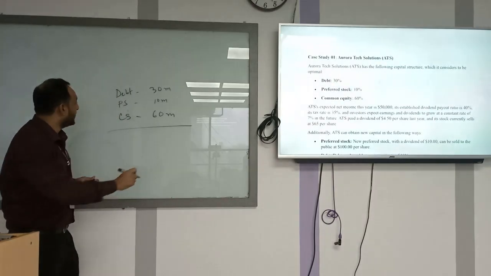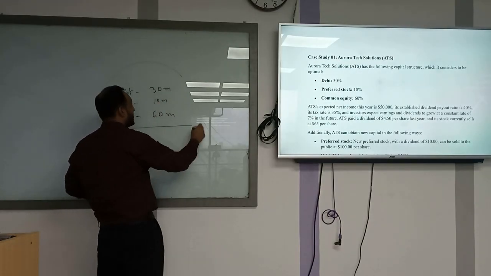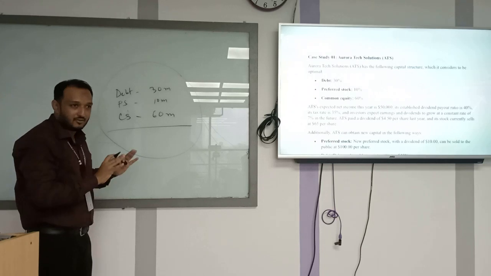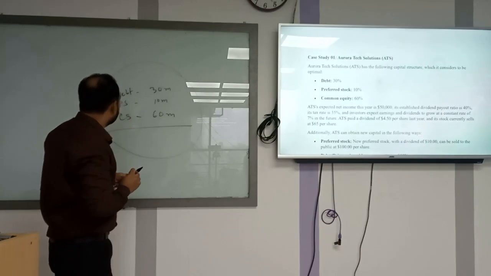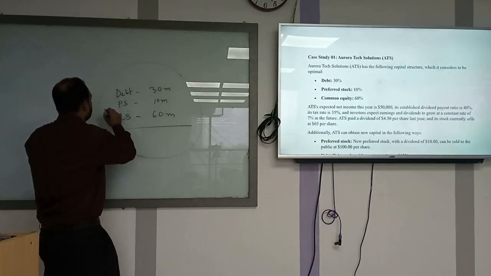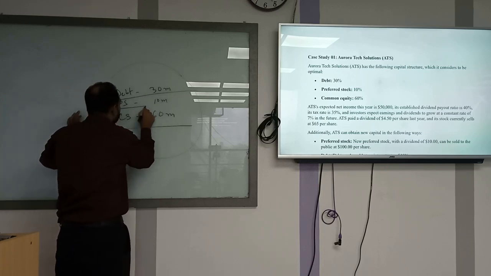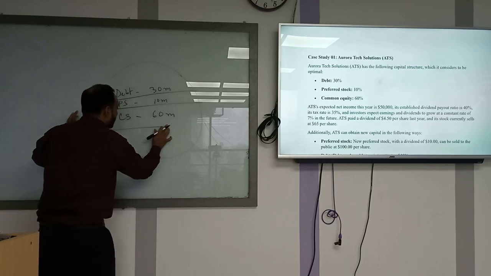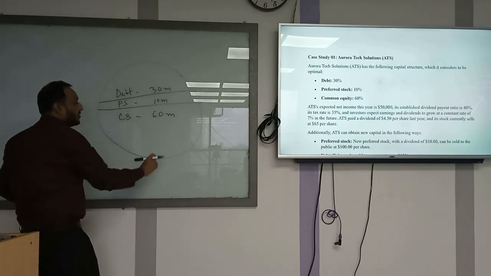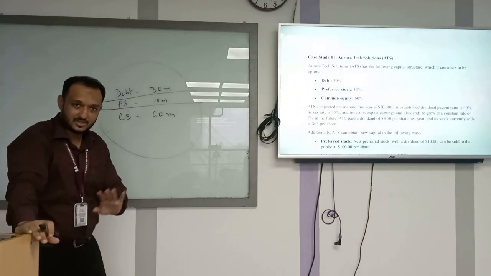So this is the capital structure of my company, right? In this capital structure, this portion is my debt, this portion is my preferred equity, and this portion is my common equity. Clear?